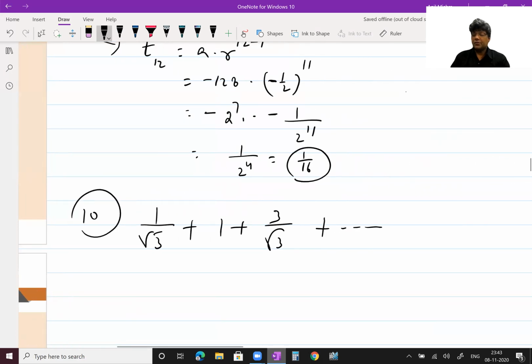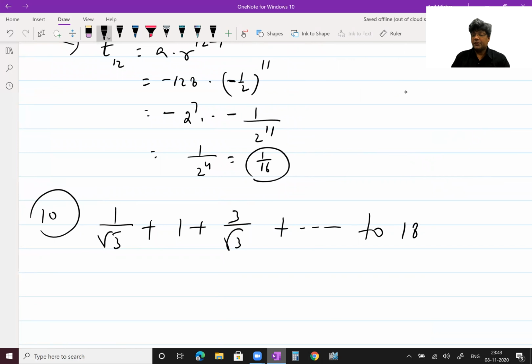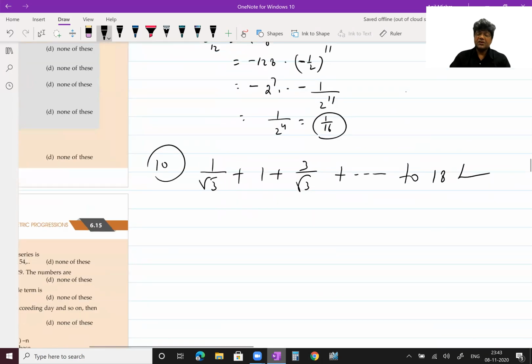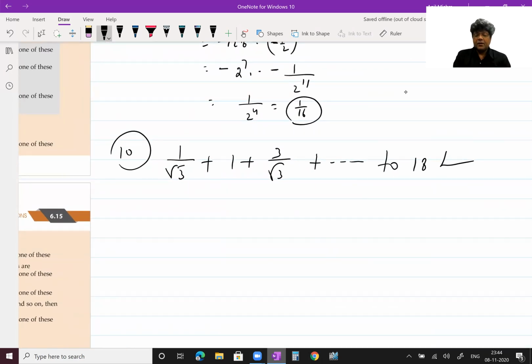Certainly, guys, it's a GP, because 1 by root 3 into root 3 gives 1, and 1 into root 3 gives root 3. 3 by root 3 is actually nothing but root 3, dot dot dot to 18 terms.